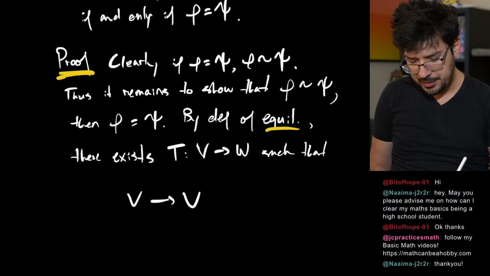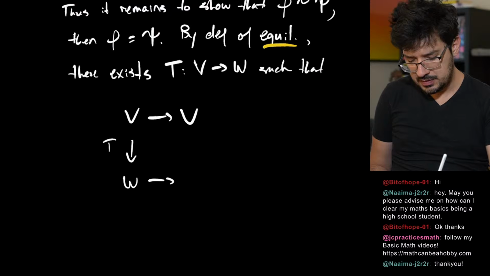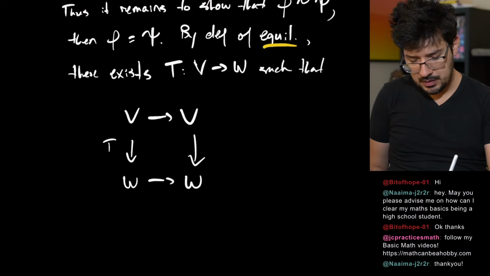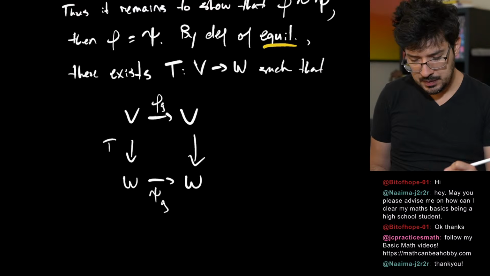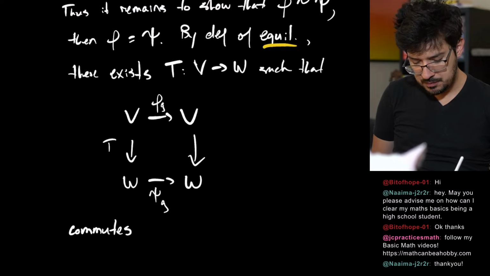For any group element, we have this commutative diagram, with phi G and psi G, such that this diagram commutes.